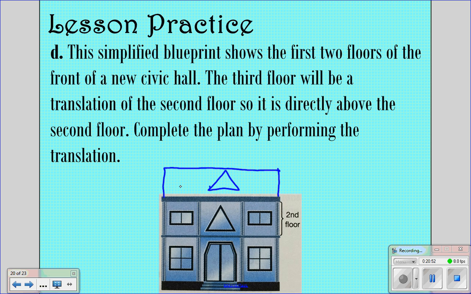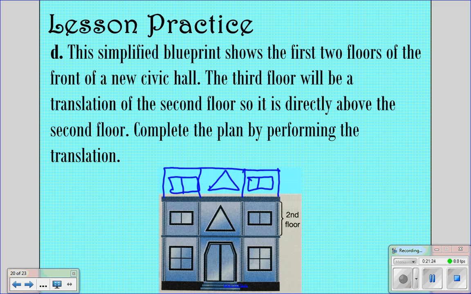We would have two rectangles cut into squares on the sides with a line in the middle, here and here. And then our other rectangle cut into two squares. And so there would be your third floor. And so that's the translation that you would have there.